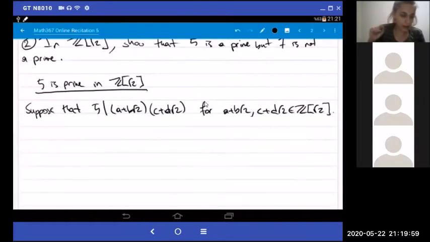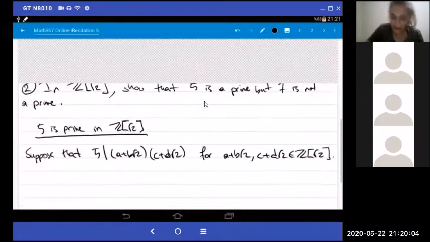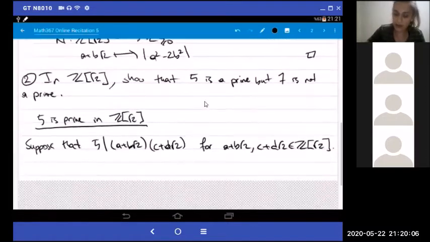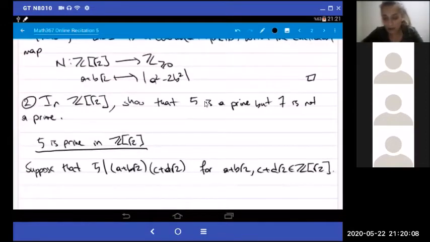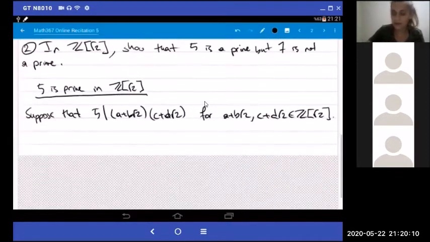Now we know that Z[√2] is the Euclidean domain with this Euclidean function. We are going to apply this Euclidean function to both sides of this division.